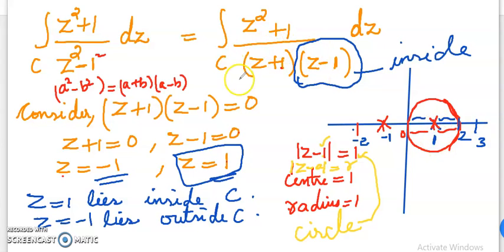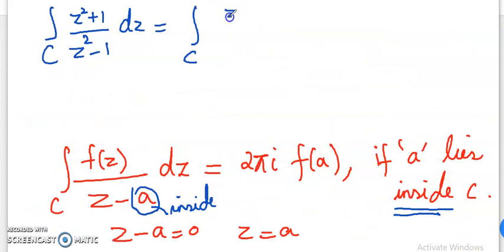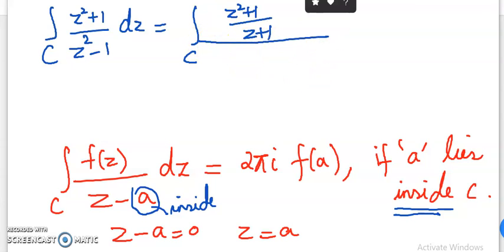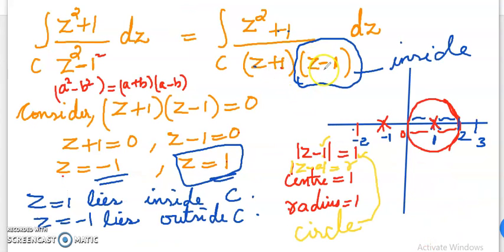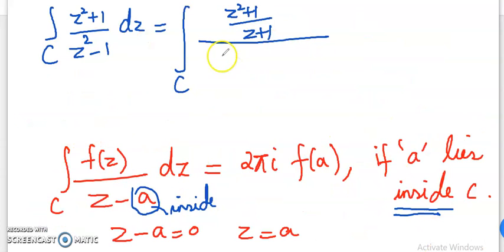So let us take this term to the numerator. Z square plus 1 divided by z plus 1, let me write that here, whole divided by z minus 1, integral over C. So this outside point is taken together as f of z, divided by z minus 1 dz.